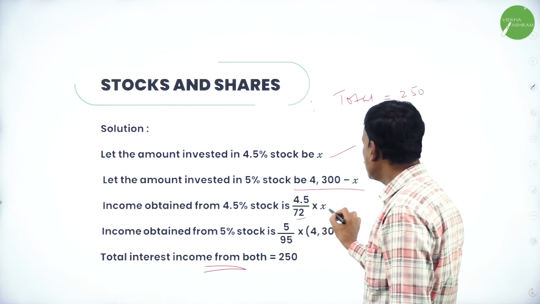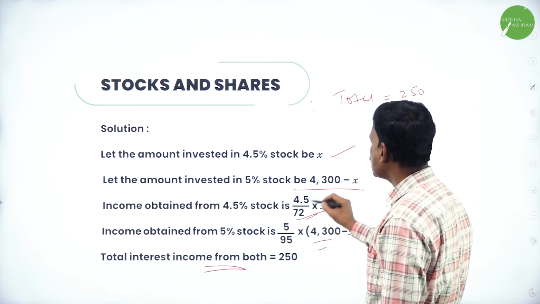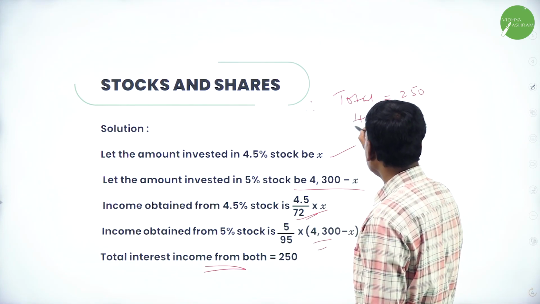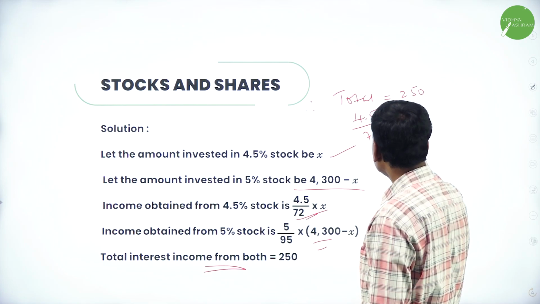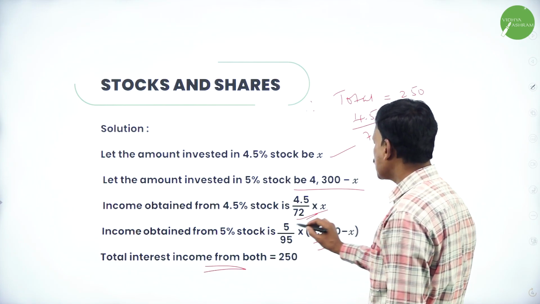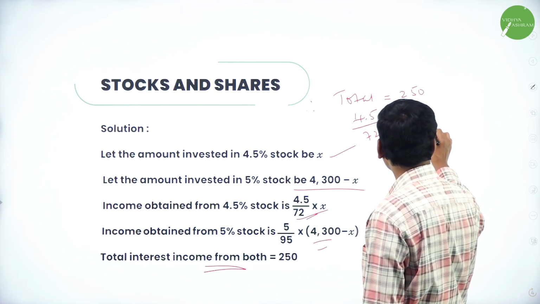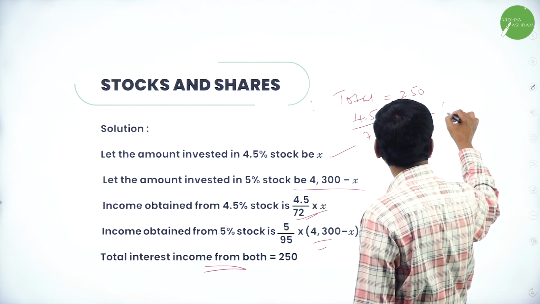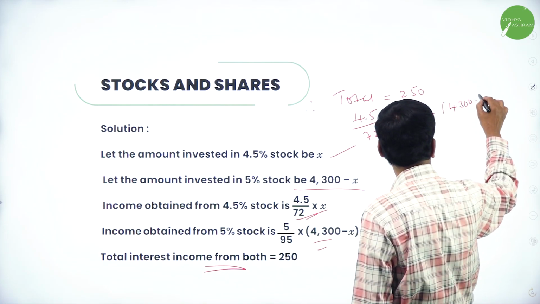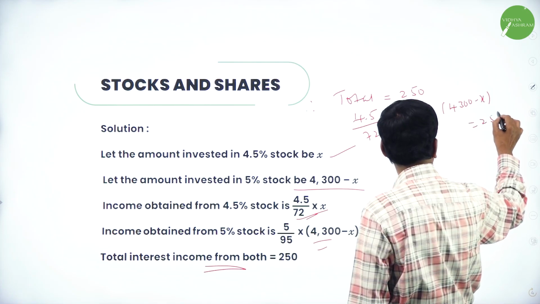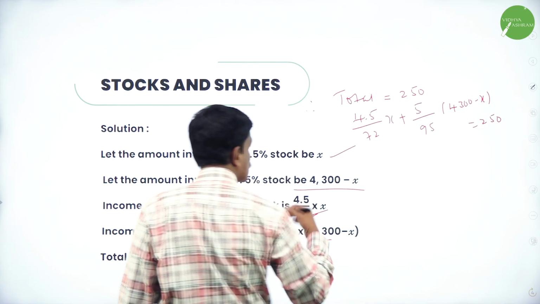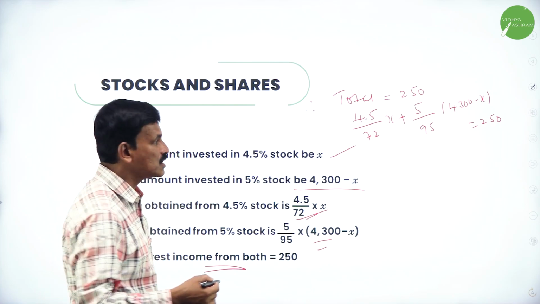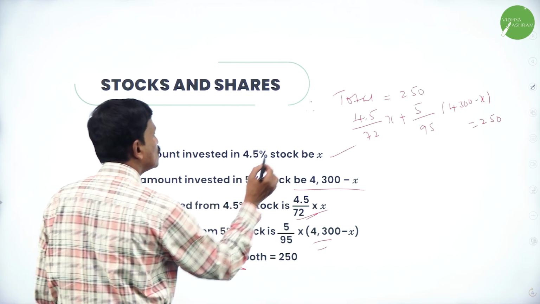That means 4.5 divided by 72 X plus 5 divided by 95 into 4,300 minus X is equal to 250. Just simplify this, get the value of X, that's all. I will move on to the next page.